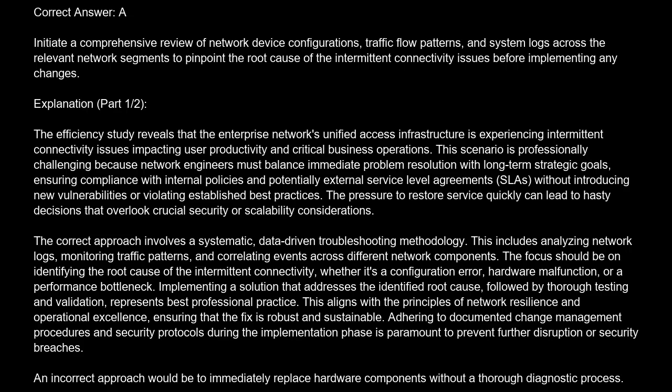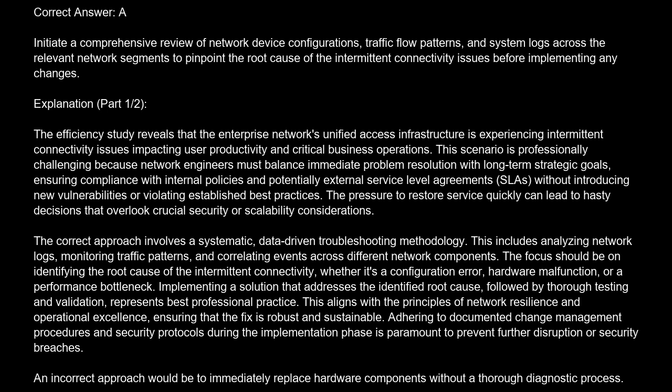The correct approach involves a systematic, data-driven troubleshooting methodology. This includes analyzing network logs, monitoring traffic patterns, and correlating events across different network components. The focus should be on identifying the root cause of the intermittent connectivity, whether it's a configuration error, hardware malfunction, or a performance bottleneck.